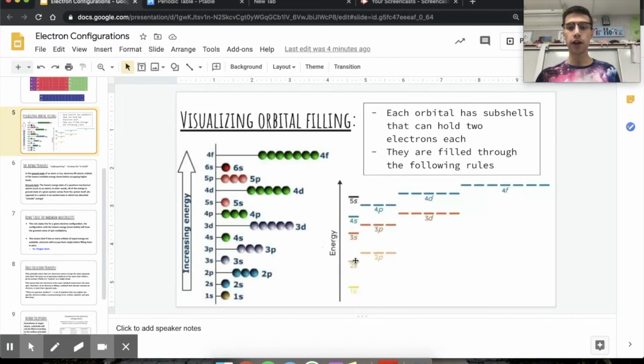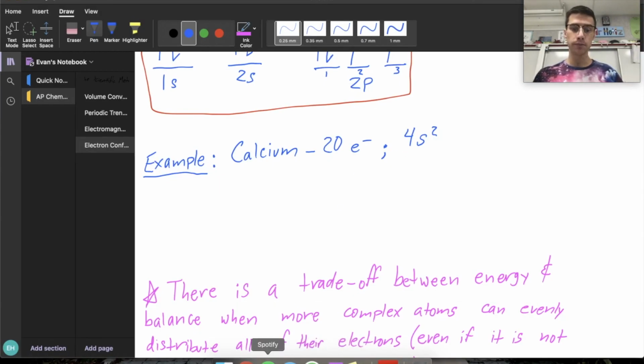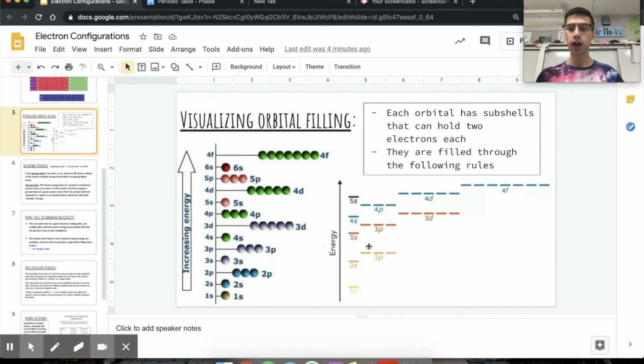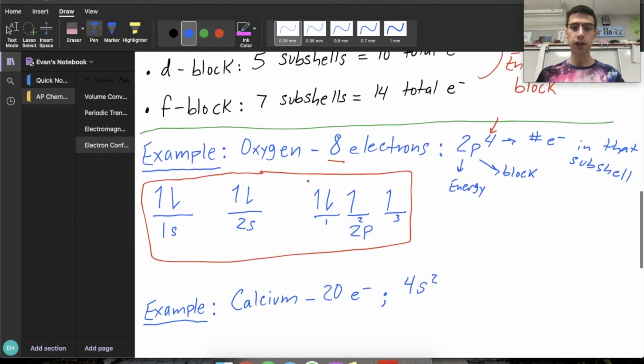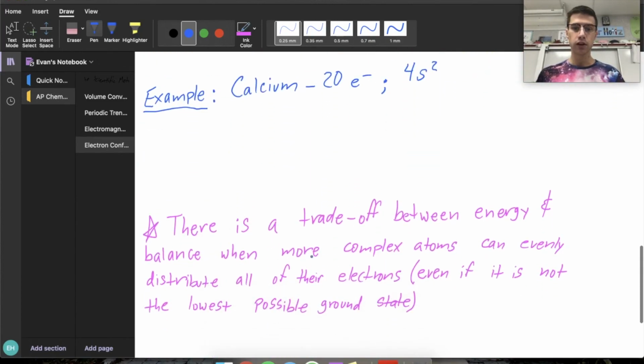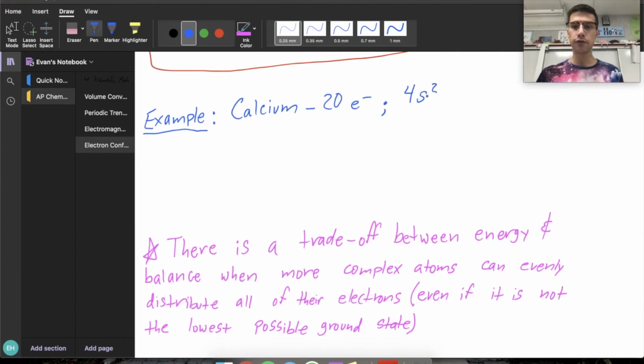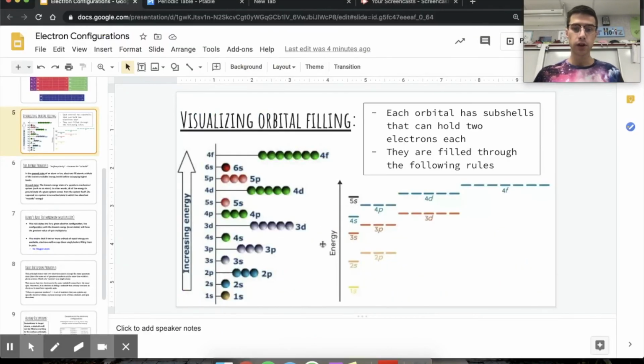So again, we're going to be filling it in the same way we did last time. 1s, then 2s, then 2p, then 3s, then 3p, then 4s, right? Because if we're ending at 4s2, we want to fill them in at the lowest energy level and move up slowly. And because each subshell can hold 2 electrons, just like we had right here, if we end at 4s and we fill that in, we have 1 subshell here, 1 subshell here, 3 here, 1 here, 3 here, and 1 for 4s.